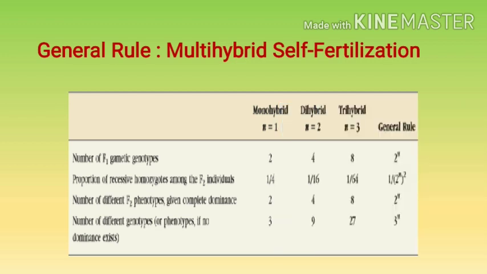Same way in the dihybrid cross it is 1:16, or in trihybrid cross it is 1/64. So the general rule to find out the recessive homozygote is 1 divided by 2 raised to power n into 2. So this will give you a recessive homozygote ratio.